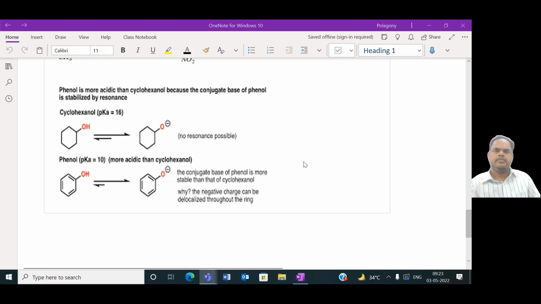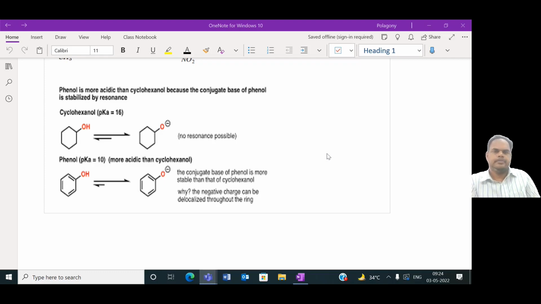In cyclohexanol, the alkoxide ion, the conjugate base, is unstable, and in phenol, the phenoxide ion is highly stable. The more the stability, the more the resonance structures, and that gives more acidic strength to the phenol species.